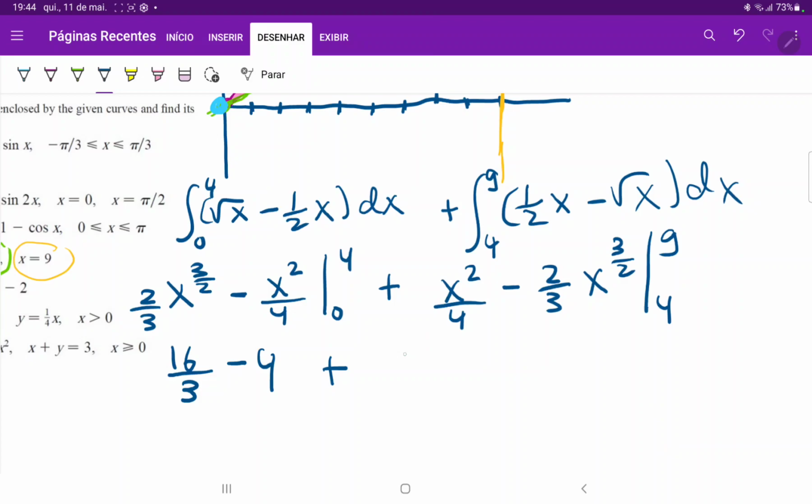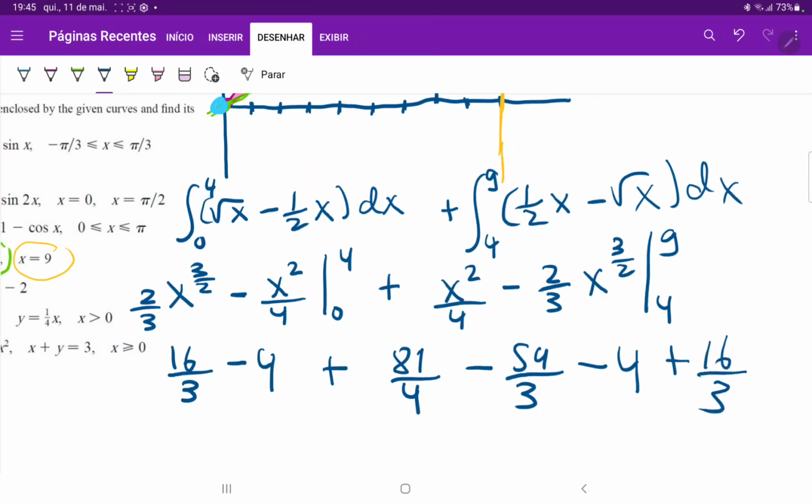So in the upper boundaries, this is 81 over 4 minus, let's plug in 9 over here, 81 over 4 minus 54 over 3, and then minus the lower boundary, so minus 4 squared over 4 minus 4, and then minus minus, so plus, that becomes, let's see, 16 over 3 when we plug it in.